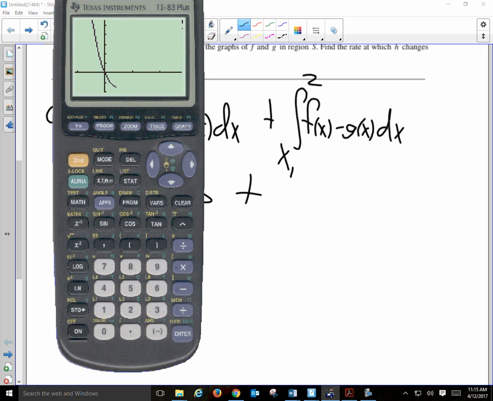Again, the region should be above the x-axis because area in this situation is defined as positive. So it looks like it should work out. I've got 1.03, help me out, 2, 8, 1.006919. So I'm going to take and add those two values together.